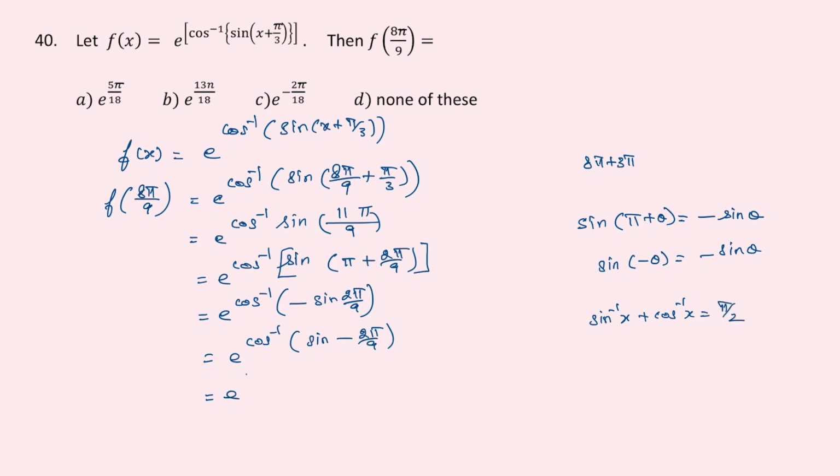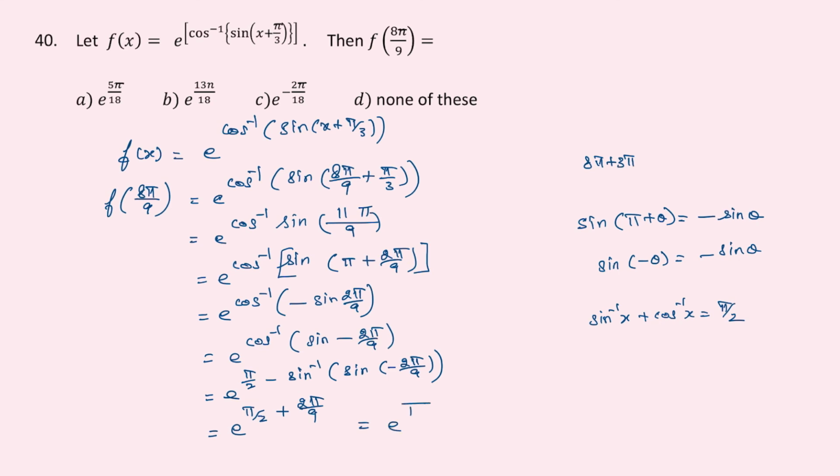Using this formula, it becomes pi by 2 minus sine inverse of sine of minus 2 pi by 9. Now sine inverse and sine can be cancelled because minus 2 pi by 9 is in the principal value branch of sine inverse. We get e raised to pi by 2 minus of minus 2 pi by 9. So plus 2 pi by 9.